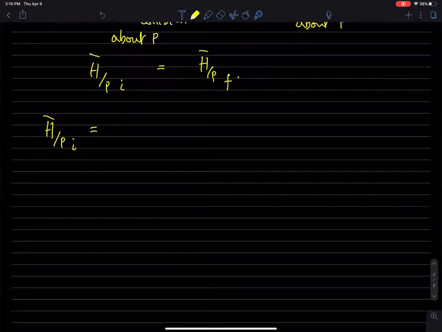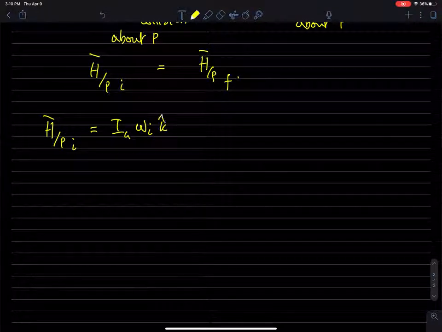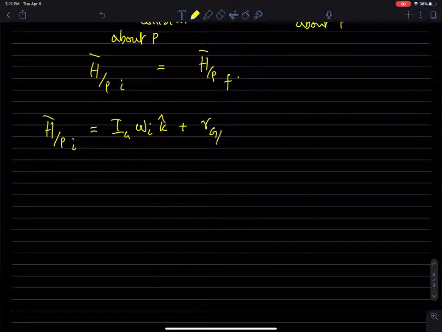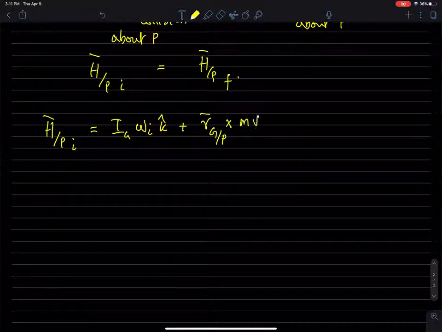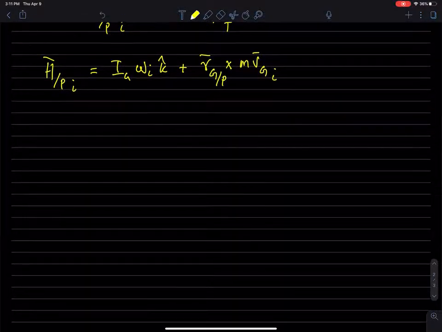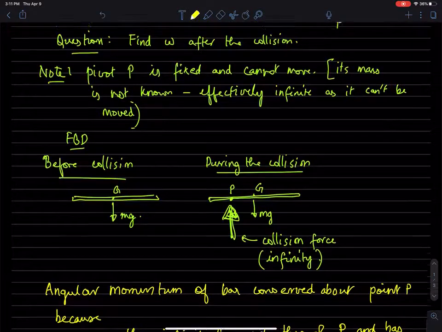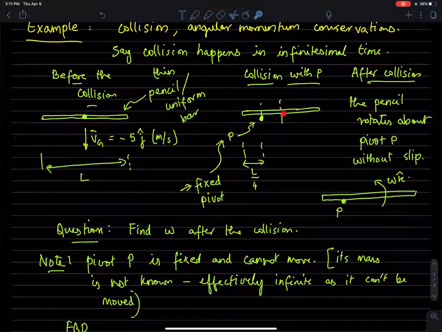So it's basically Ig omega initial k plus R G with respect to P cross m vG initial. This first term is equal to 0 because we said it's not rotating initially, plus R G with respect to P, which is L by 4 times i.